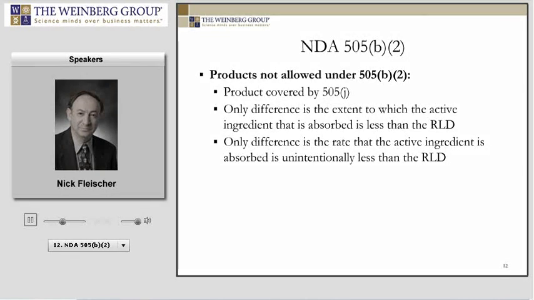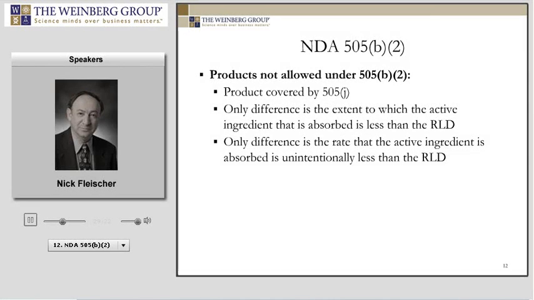Now, there is a possibility of using the 505(b)(2) NDA pathway where you don't demonstrate bioequivalence for both rate and extent. However, if the rate difference is unintentional, so if you fail the Cmax in a bioequivalence trial, but it's unintentional, it just happened to work out that way, then that product cannot be filed as a 505(b)(2).